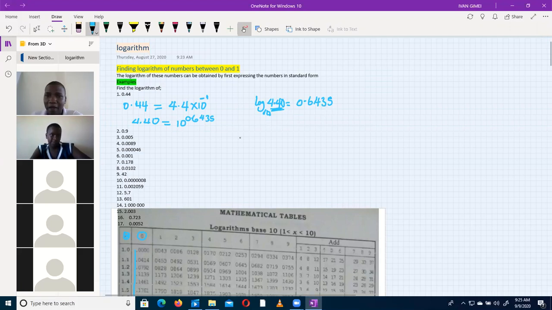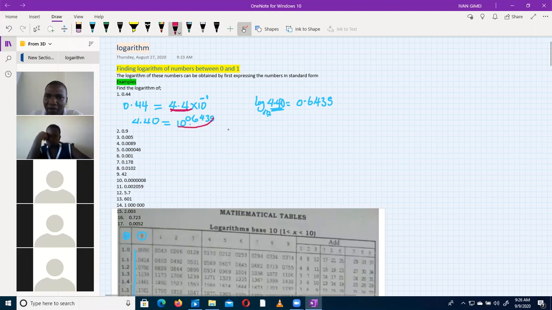We say that if I have log of 4.4 base 10 equals 0.6435, I'm simply saying if I raise 10 to the power of this, it must give me 4.4. So that means that my 4.40 is equivalent to this. Now I'm going to come to what I've written here. I remove the 4.4 and replace it with this.